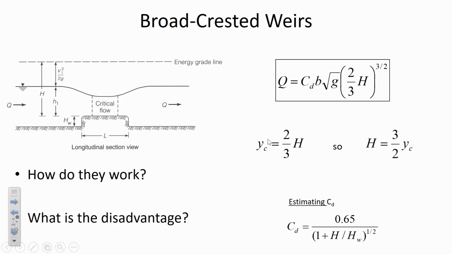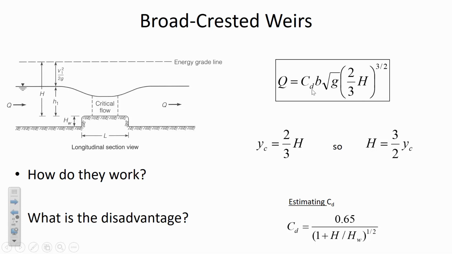The relationship we've talked about before is that the critical depth, y sub c, is 2/3 of the energy that's there. And so therefore, if you measure the y sub c, you can get the total energy. And with the total energy, you can calculate the flow rate.